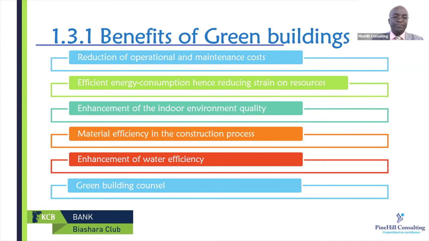Number one, it's reduction of operational and maintenance costs, because there's less rework, because the building maybe doesn't use a lot of electricity, so a lot of natural light. Energy consumption. Now energy will go up.